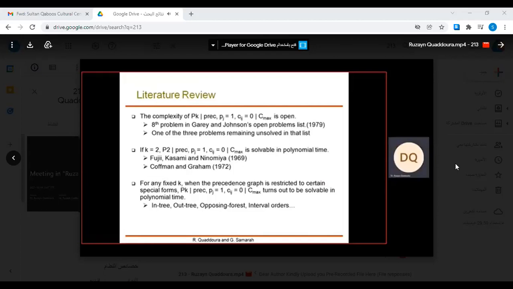For any fixed k, when the precedence graph is restricted to certain special forms, the problem turns out to be solvable in polynomial time. This is possible for in-trees, out-trees, opposing forests, and interval orders.